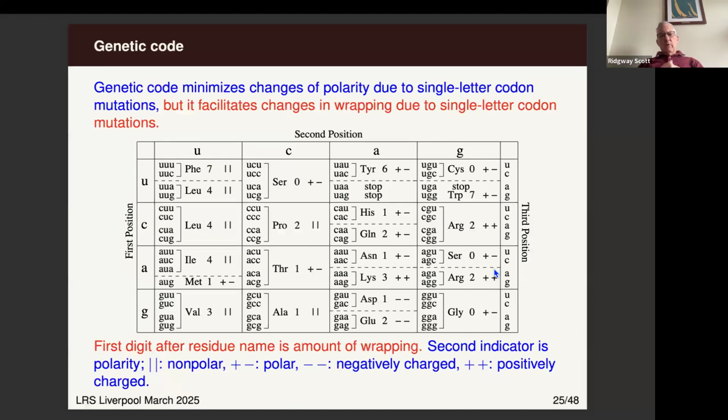And so you know that the most likely kind of change in a mutation would be a single point mutation that would move you from one box to a neighboring box.